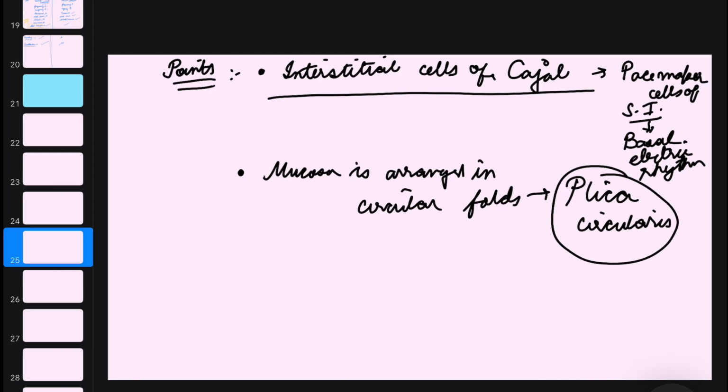Okay. So these are two random points that we needed to know, and some other points also you can know: the entire small intestine mucosal cells get shed off and are renewed every 48 to 72 hours. Anyways, let's move on to the business end of our deal.